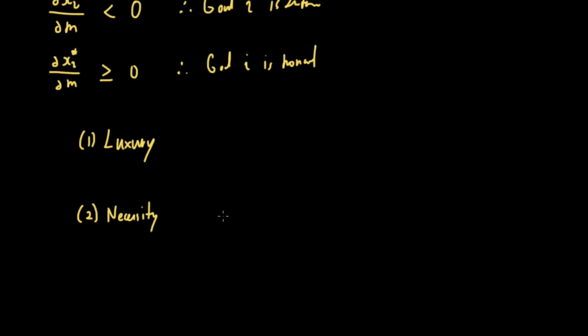The percent change in quantity demanded, or the Marshallian demand, is simply the change in our Marshallian demand, which is x sub i star, over x sub i star. And this would be divided by the change in our income or our budget over m.